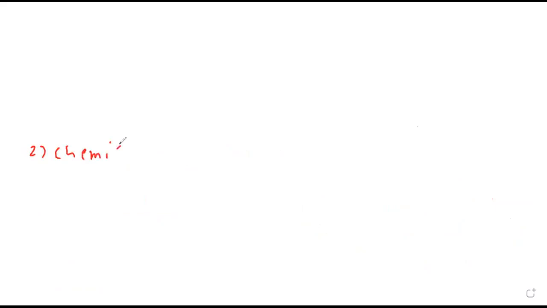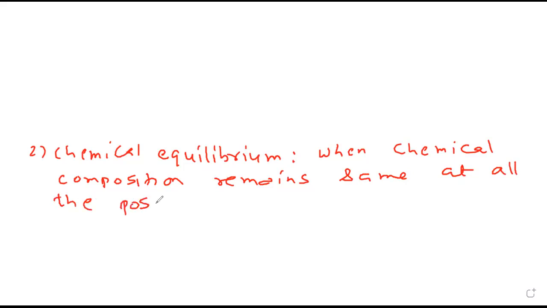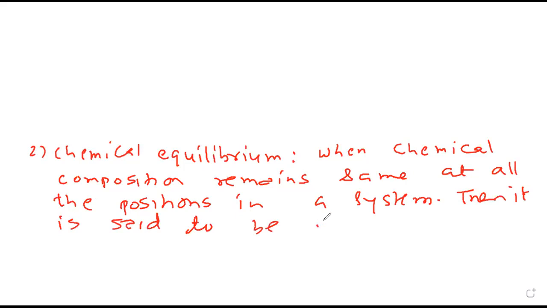Second, chemical equilibrium. When chemical composition remains the same at all the positions in a system, then it is said to be in chemical equilibrium.